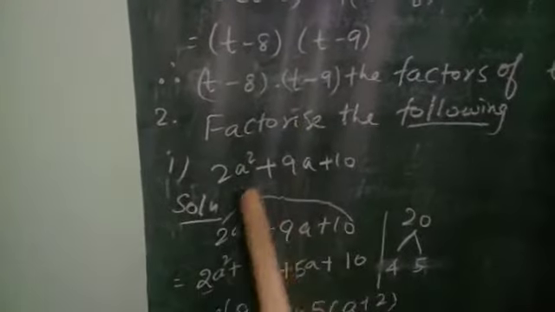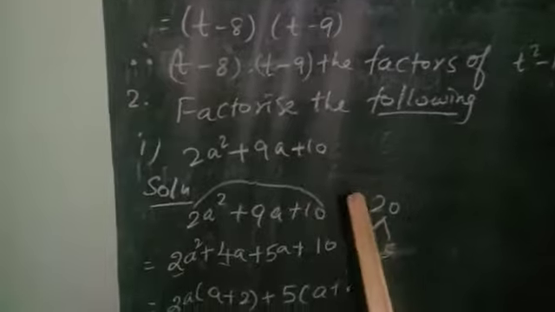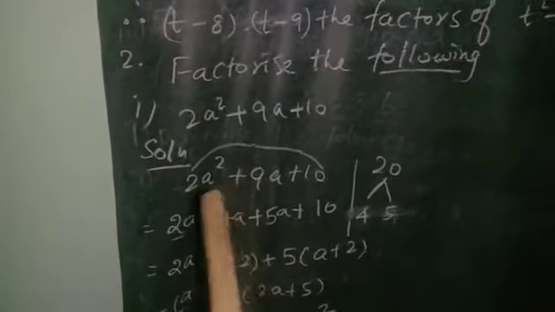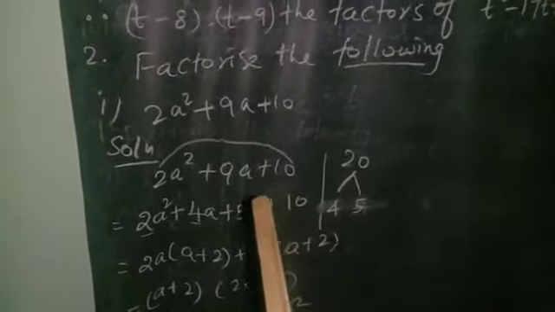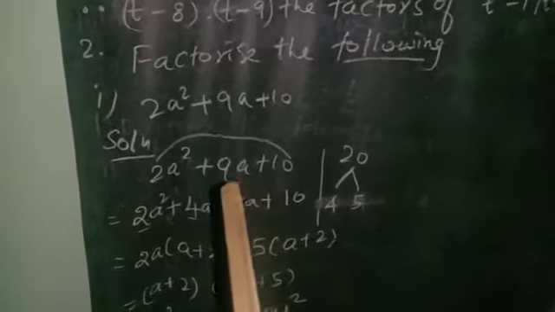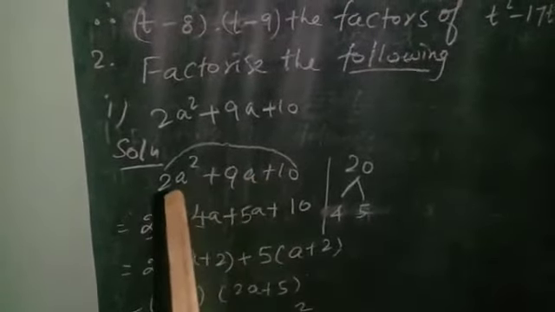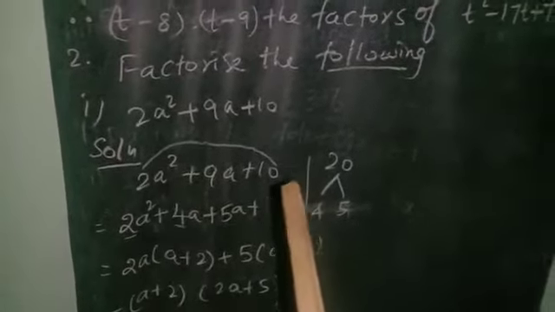Factorize the following. First subdivision, 2a square plus 9a plus 10. First we write the given algebraic expression 2a square plus 9a plus 10. First step of factorizing the quadratic polynomial, we multiply the coefficient of a square and the constant term.